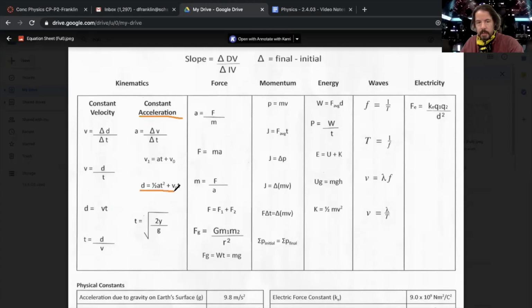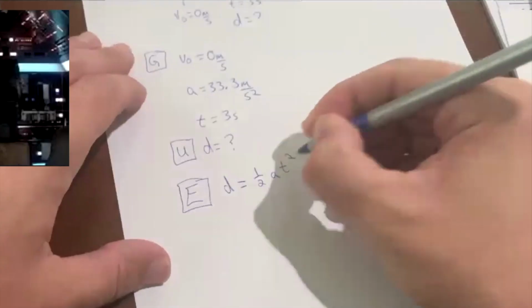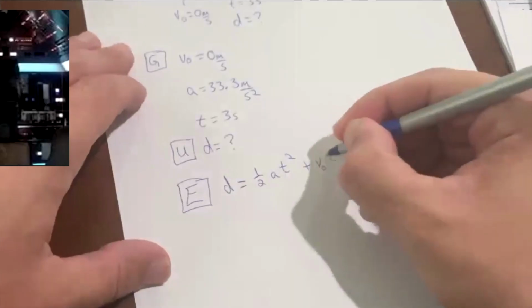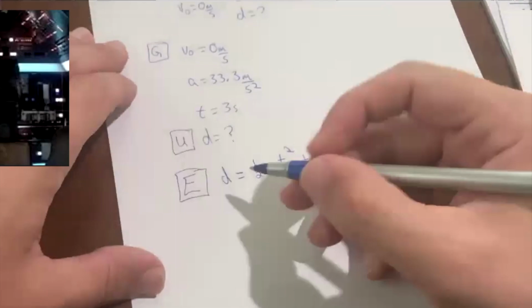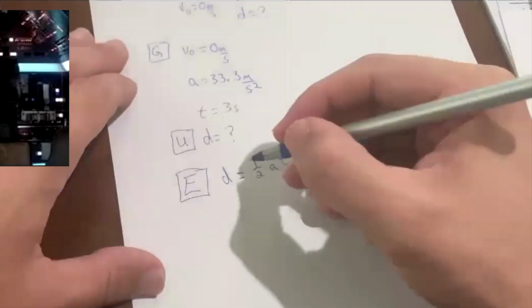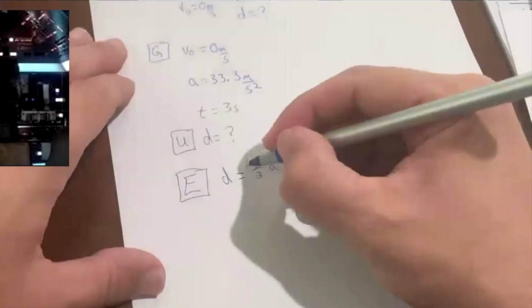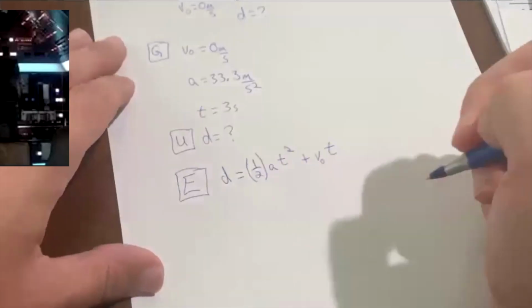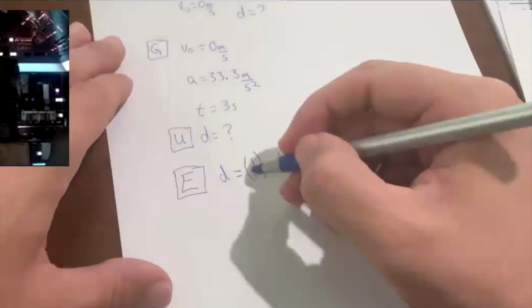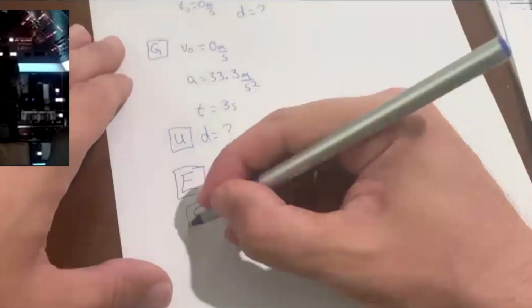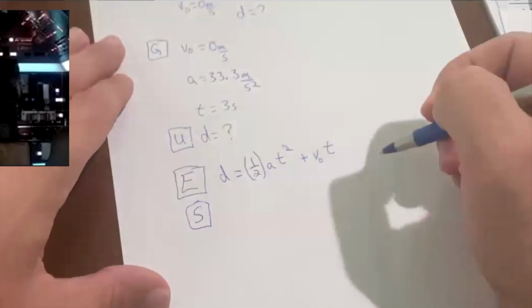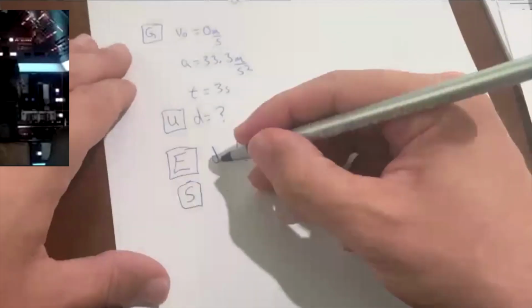So distance equals 1/2 a t squared plus V naught times time. And this is how it's written on our equation sheet, but this is confusing for most people. So we're going to put the half in parentheses, so that when we do our next step, the substitution, we're going to substitute everything into parentheses and we will understand what we're multiplying by. Okay, so distance, do I know it?